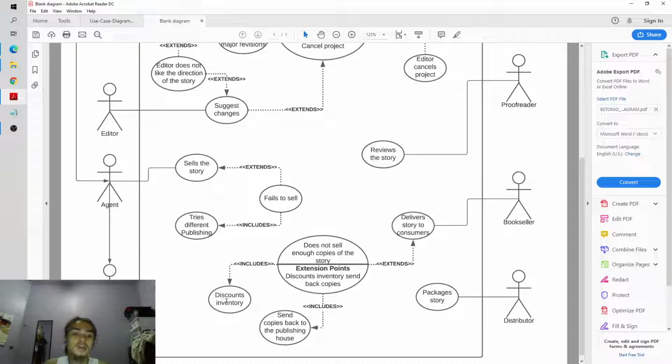Connected to the discount inventory, it's labeled include because it really happens that if the author is not yet that big, it does not sell enough copies.